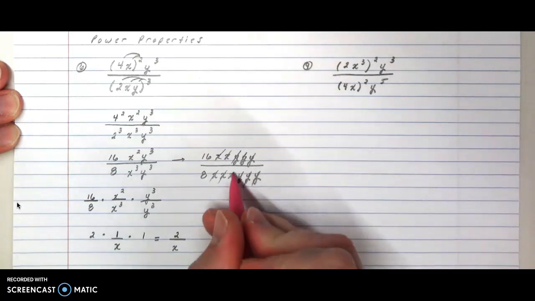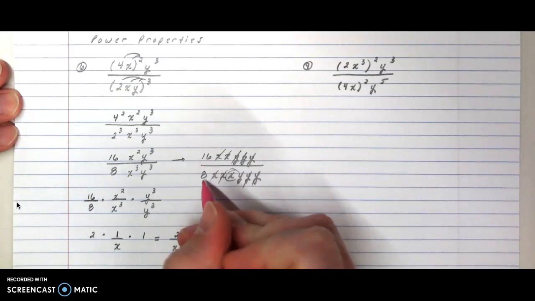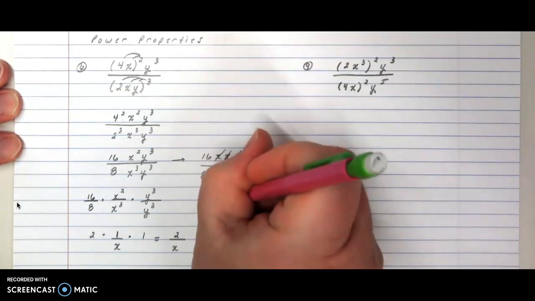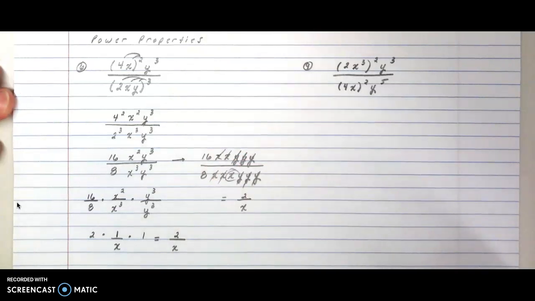Do you see how the only thing left over is the x on the bottom? And we know 16 divided by 8 is 2. So we could make it 2 over x. That's just two ways of showing you different methods of how to get the final answer. It's completely up to you how you do it, but you do want to make sure you show your work.